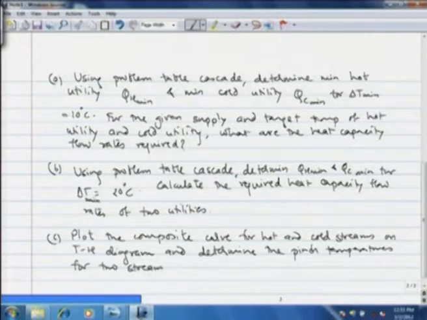For delta T min of 20 degrees centigrade. So let us start the solution.